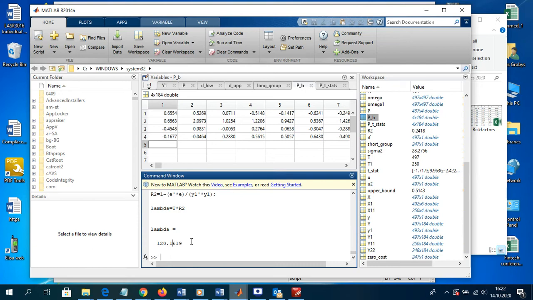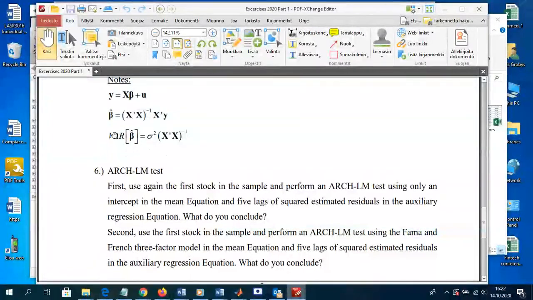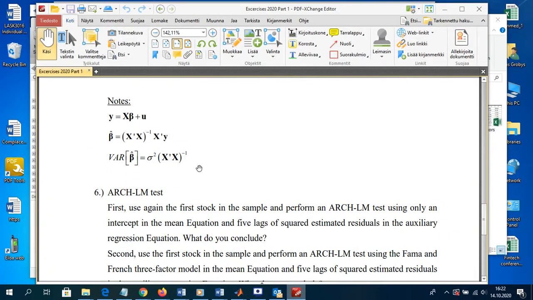Which means on any level, we reject the null hypothesis of constant residual variance, which means we have volatility clustering going on, and this formula here does not specify the covariance matrix of our point estimator correctly, because sigma square, the residual variance, is not constant. It is dependent on past squared residuals.